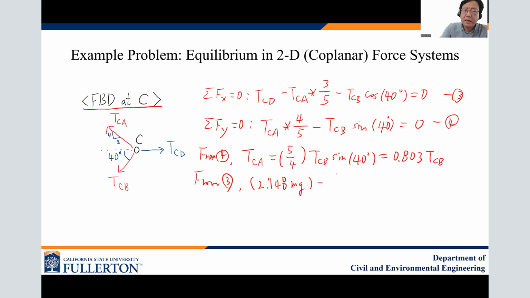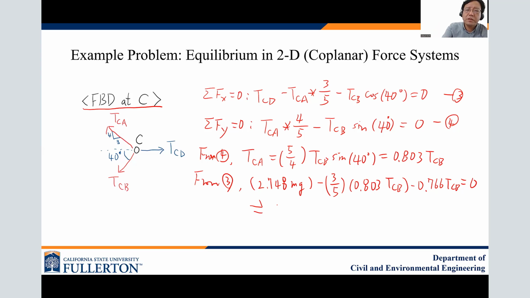So 2.748 mg minus 3/5 times 0.803 TCB minus 0.766 TCB equals 0.